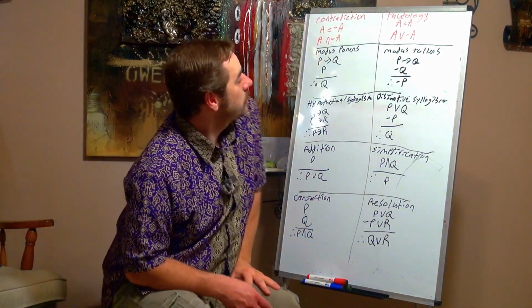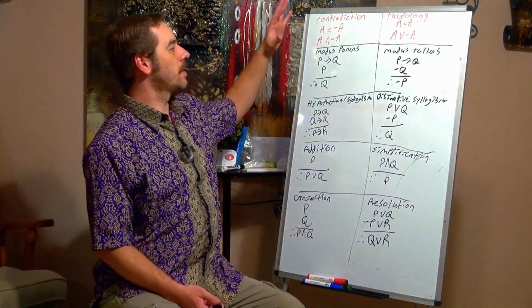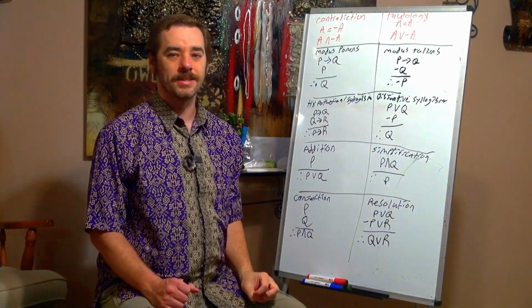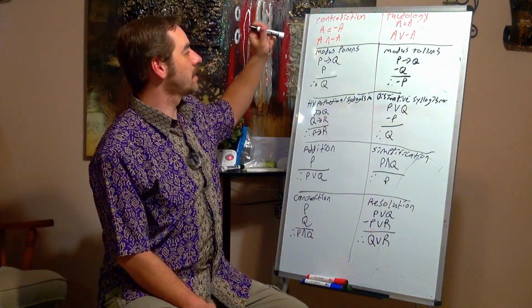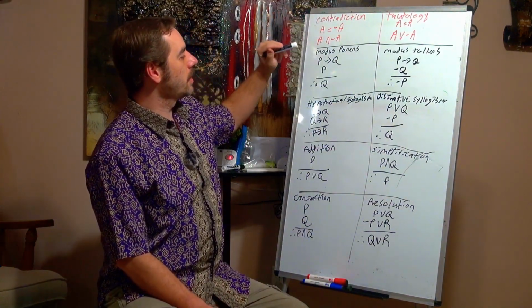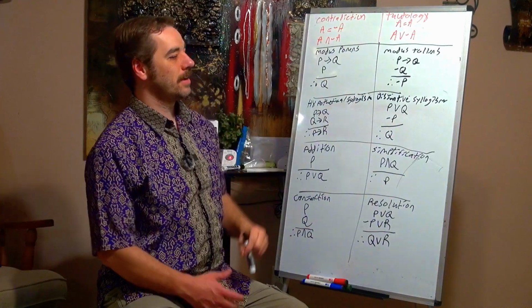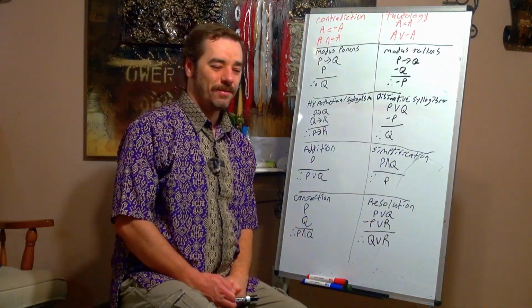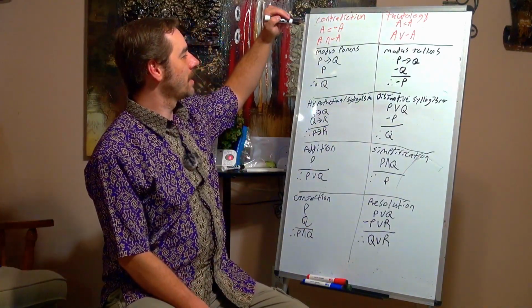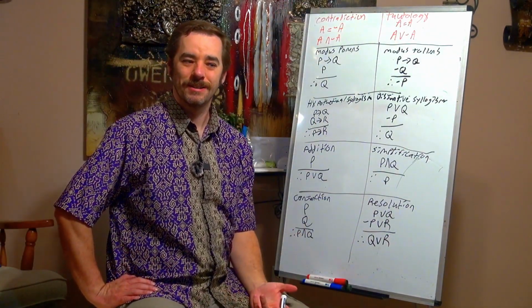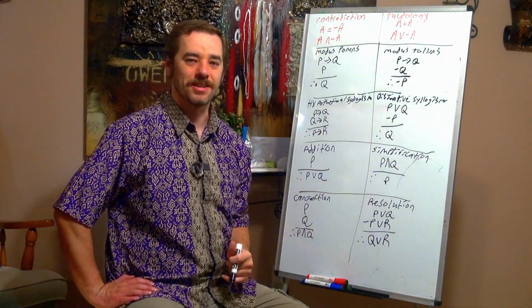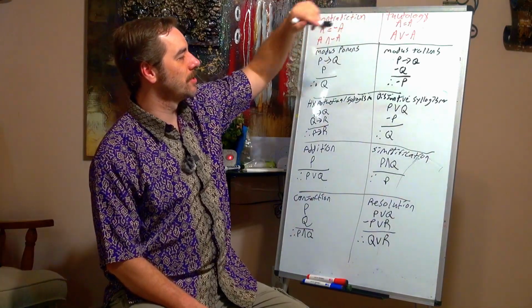So first, the granddaddy of them all, the contradiction. This is an invalid argument. It's invalid, in fact, because it says A equals not A, or A and not A. So for this argument, it would be something like apples are the same as not apples, which is nonsense, right? Then we've got tautology.